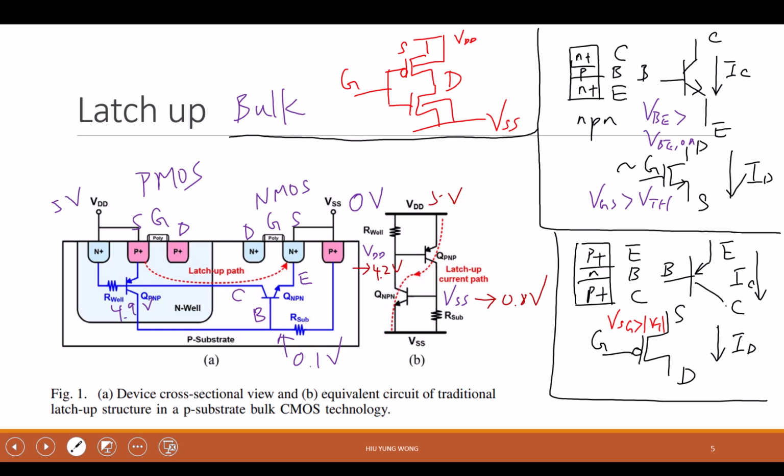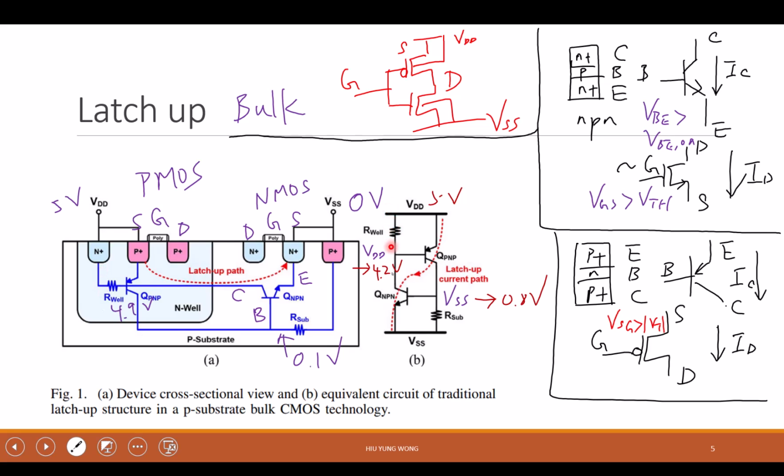Second thing is, when you put the NMOS and PMOS together, particularly in an inverter setup, which is just everywhere in our digital circuit, because all our digital circuits are designed with pull up network and pull down network, right? Then this parasitic circuit can be triggered due to some tiny leakage current.